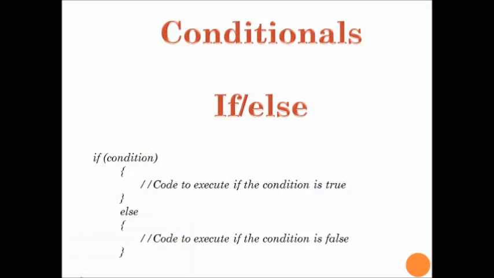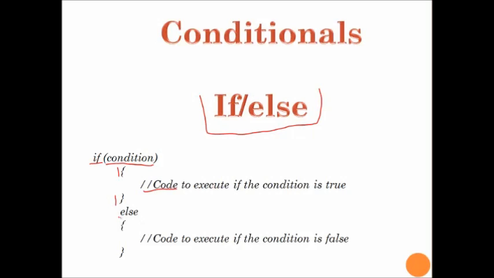Now we are going to talk about the conditionals, that are structures that permit the application to take a decision by a condition. For example, we are going to talk about if else. We establish it in the same form: we write the word if, then into parentheses the condition, then keys, and into those keys the code to execute if the condition is true.